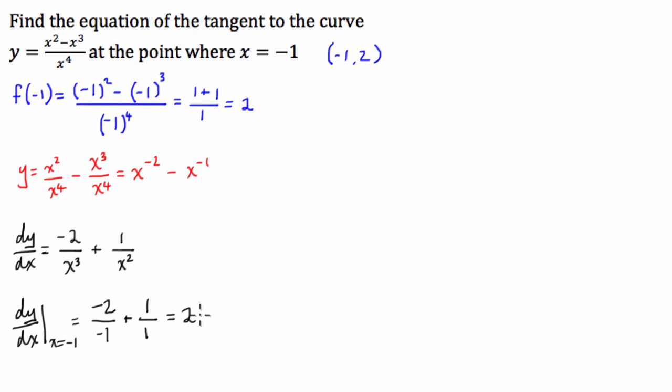So we're left with 2 plus 1, which is equal to 3. So the gradient of our tangent, or we'll call it m, is going to be equal to 3.